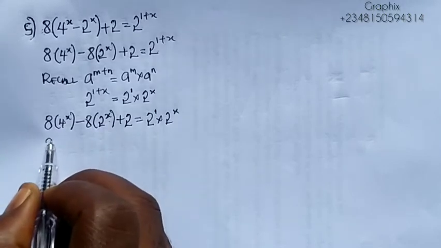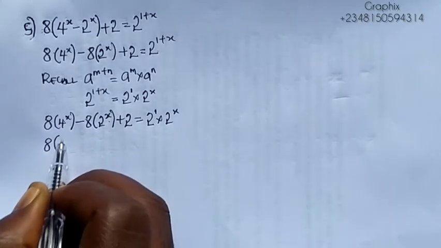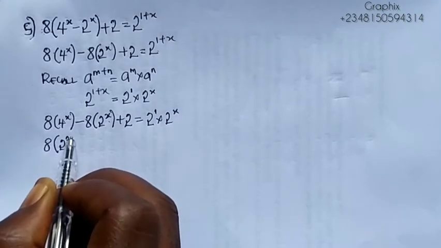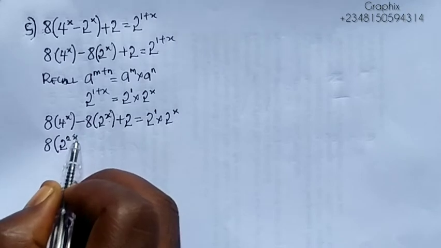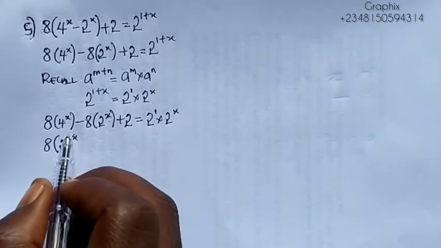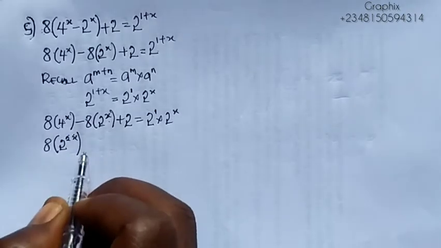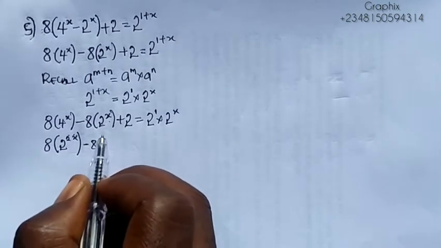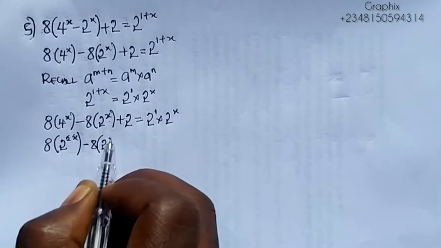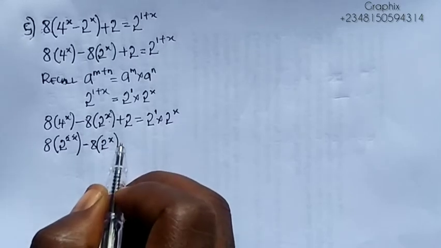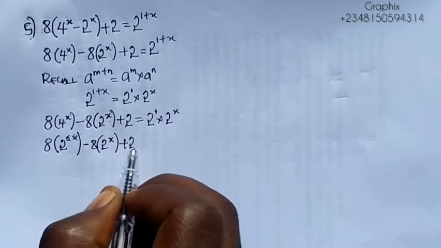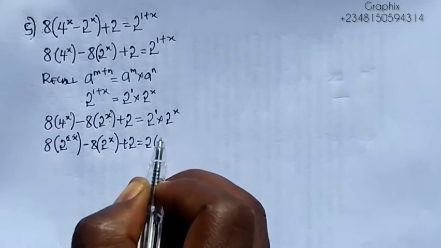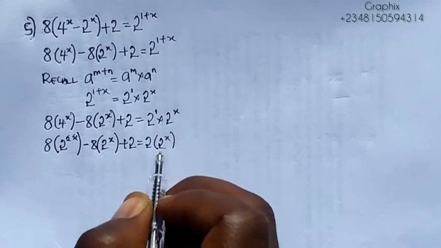So I'll be having 8 times, in brackets, 2 to the power of 2, then we have x close to it, right? So I can put it that way. Minus 8 times 2 to the power of x, plus 2, is equal to 2 into bracket 2 to the power of x.